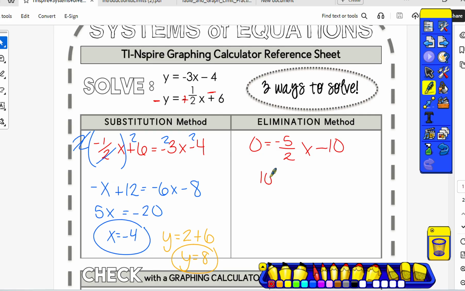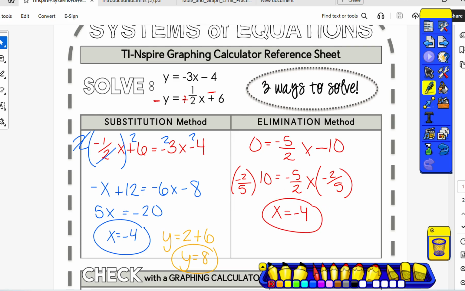Move that sign over, and multiply by the reciprocal, so negative 2/5. So negative 20 over 5 gives me negative 4, which is what I got over here. And I'm also going to get y equals 8.